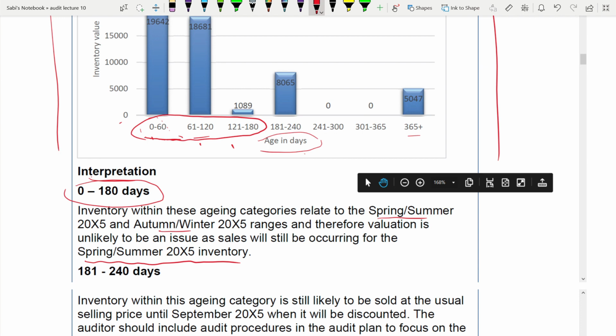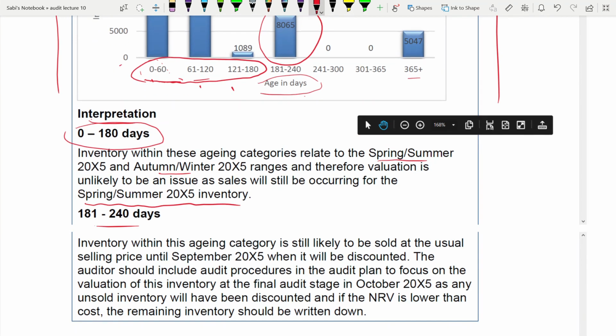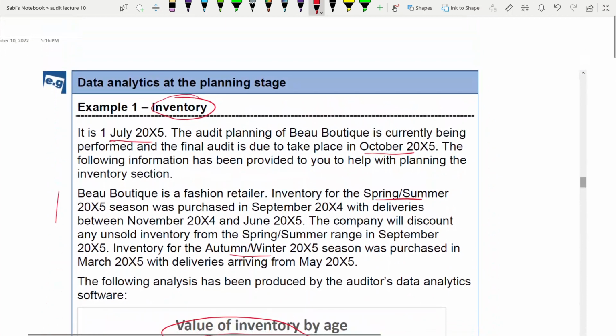Now moving on to this, only this specifically, 181 to 240 days. Inventory within this aging category is still likely to be sold at the usual selling price until September 2005, when it will be discounted, because they told that this time this will be discounted. Here you can read this first few lines, that the company will discount any unsold inventory from spring summer range in September 2005.